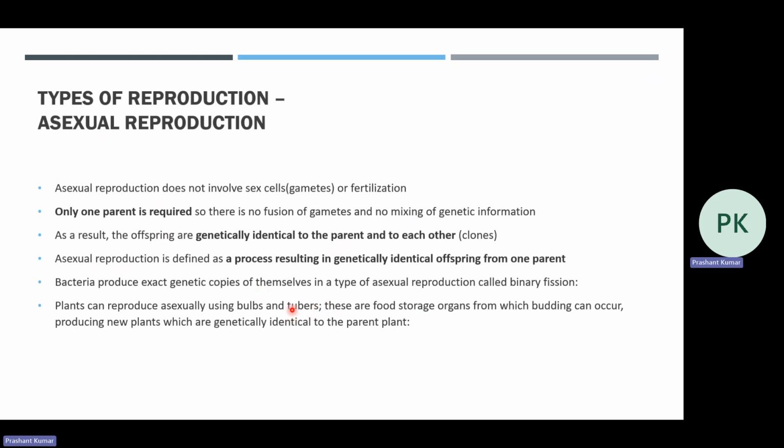Bulbs and tubers are storage organs in the plant. Here also, the plant will be genetically identical to the parent. In bacteria, we call it binary fission. In plants, we say vegetative propagation. We'll talk about vegetative propagation after some time. So let's go to the next slide.